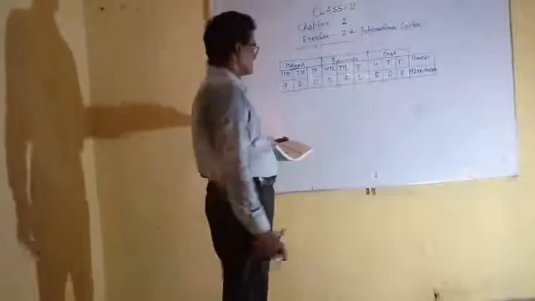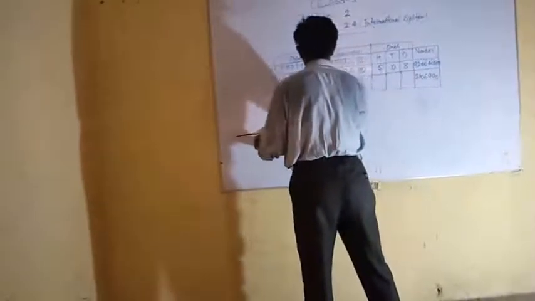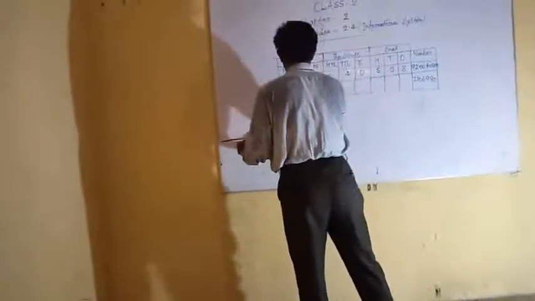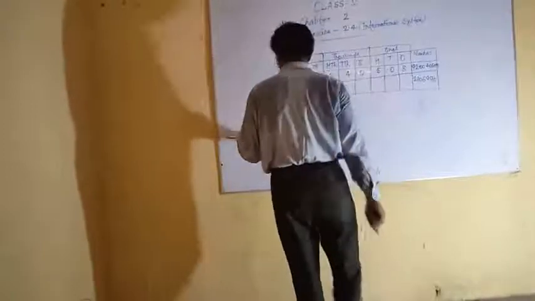Next number you can take it as 2106990. How can you write it in international system? इंटरनेशनल सिस्टम में इसको हम कैसे लिख पाएंगे?